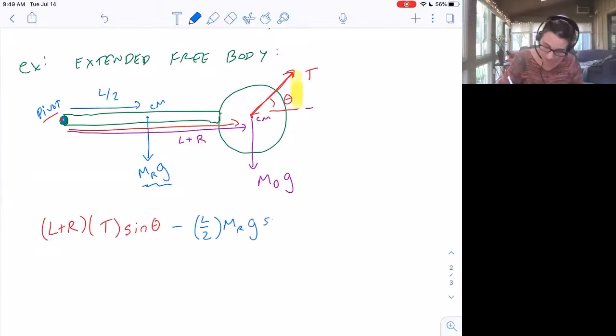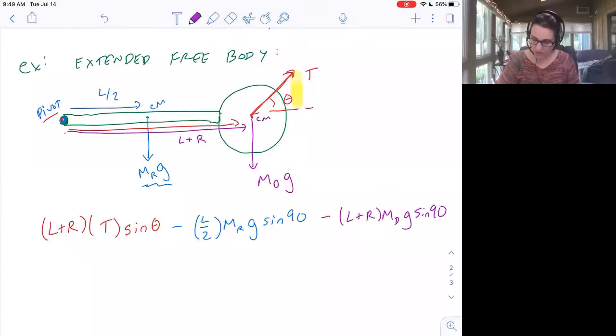And then for good measure, I'll put in the sine of 90 so we know where that came from. And then I'm going to have the other into-the-page torque, which is going to be from the mass of the disk. So minus L plus R, because that's its distance from the pivot to where the force is applied, times the mass of the disk times g, and again, for good measure, sine of 90.